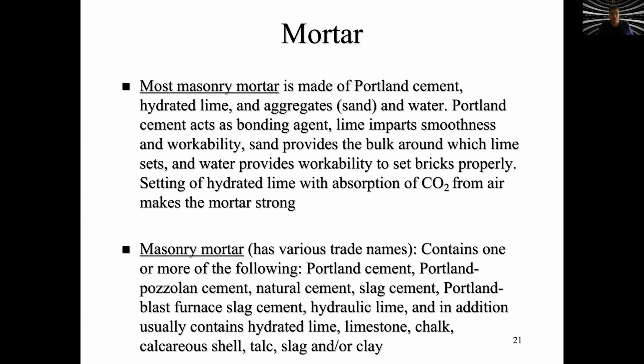The sand will be the cheap material that will produce the bulk around the lime. And the water will help with workability and obviously to chemically allow these materials to be together. When we have hydrated lime, that will also allow an absorption of CO2 from the air, and the mortar will become stronger.